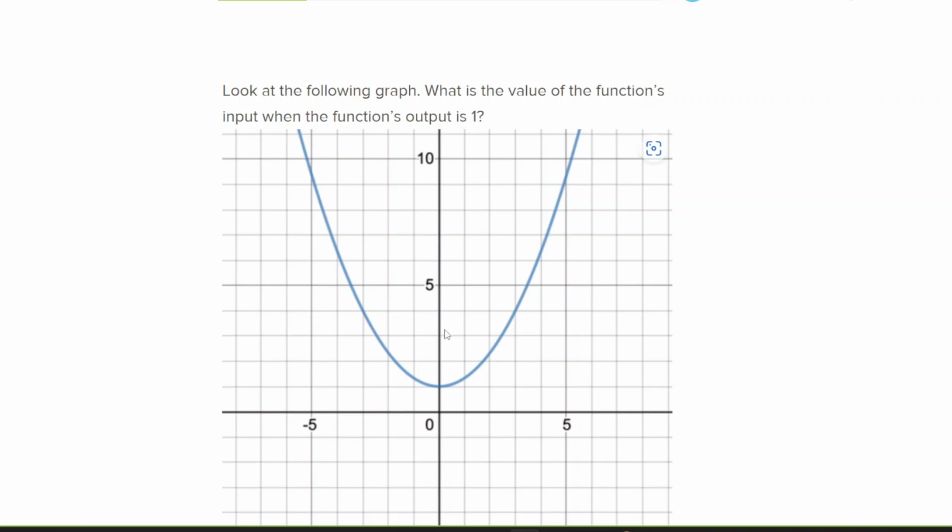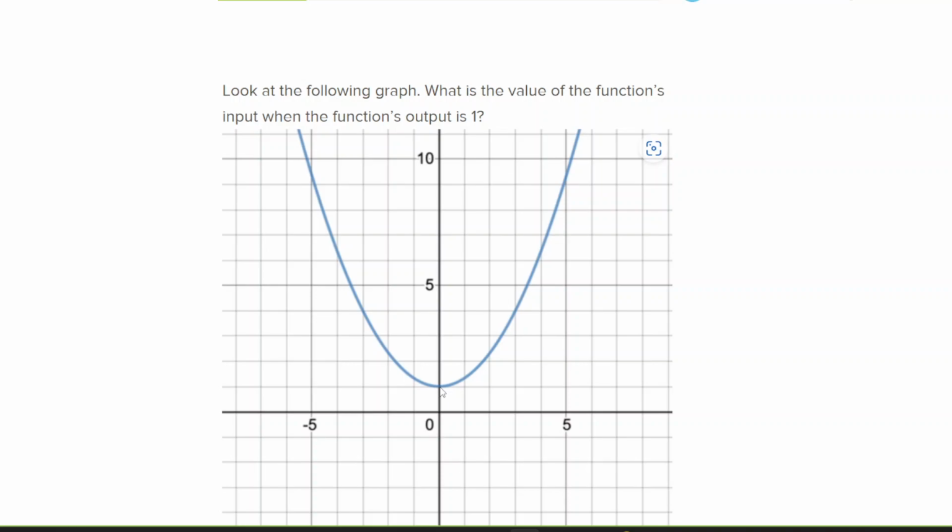The y-coordinate is 1. So you see where my cursor's floating around here. I'm looking on the y-axis. When y equals 1, we're here at this point on the bottom of the parabola, the bottom of the blue curve. I'm at this point right here where my cursor is hovering around. Hopefully you can see that. That's when y is 1.